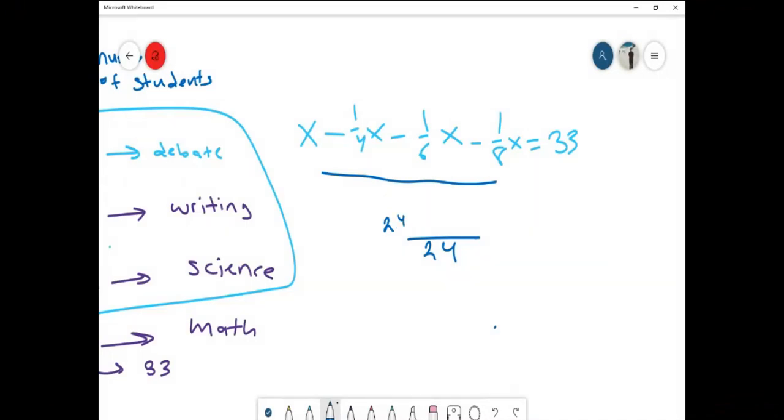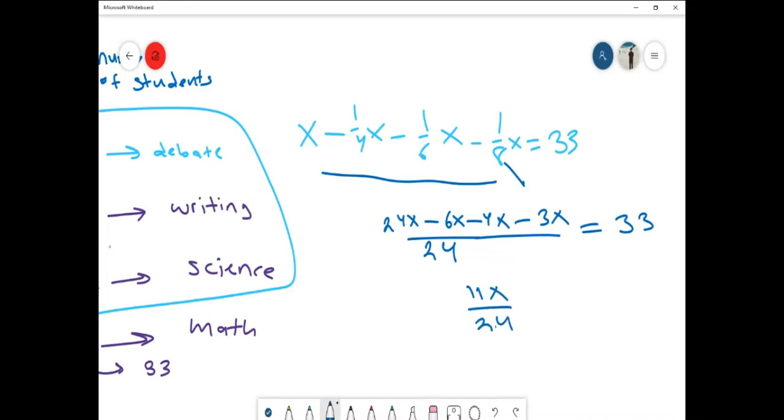So I will take the common denominator, 24. So it will be 24x minus 6x, minus 4x, minus 3x, right?